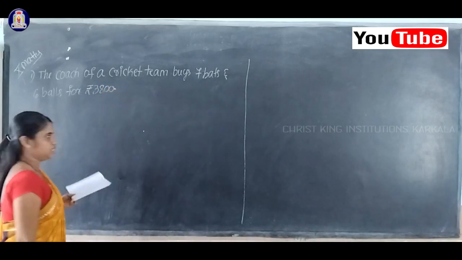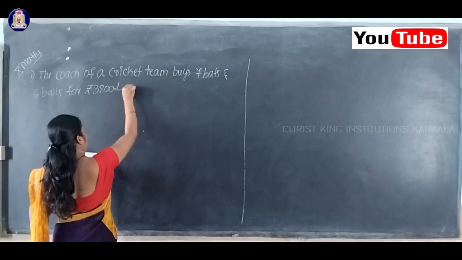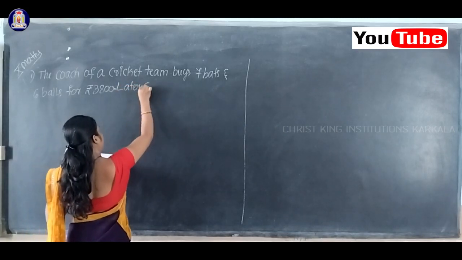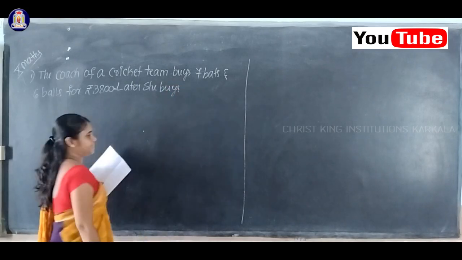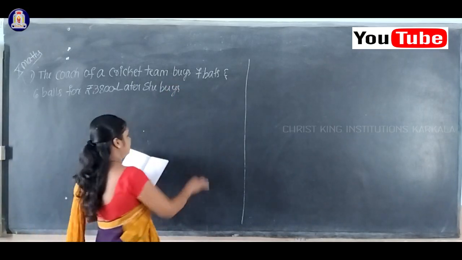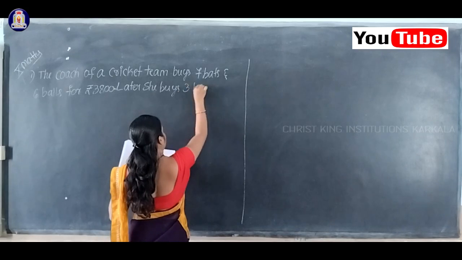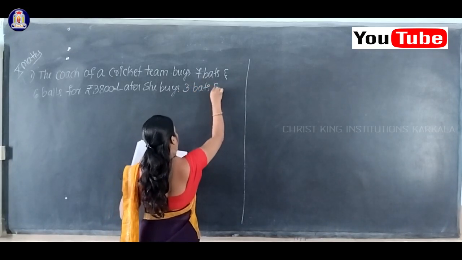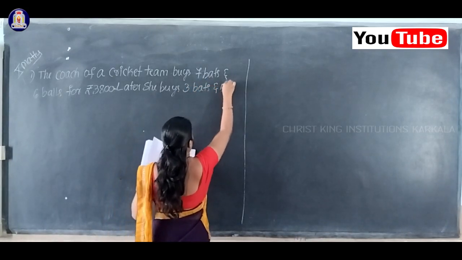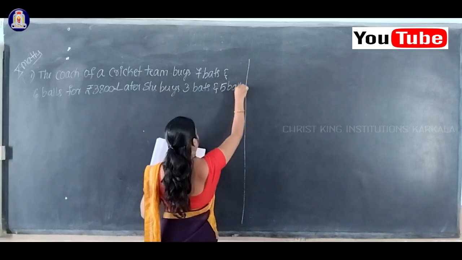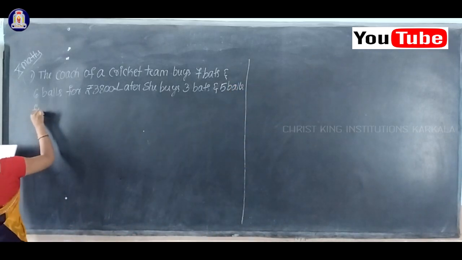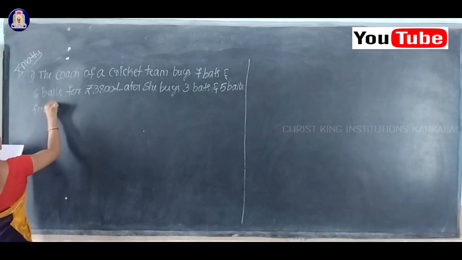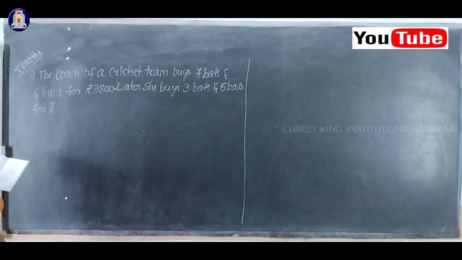Later she buys 3 bats and 5 balls for rupees 1,750.